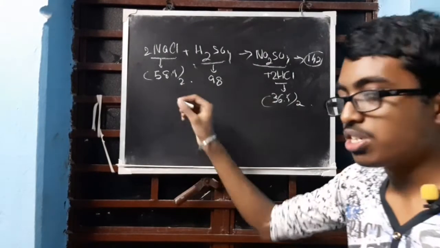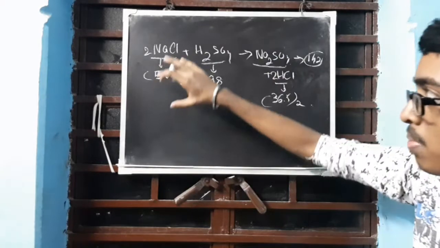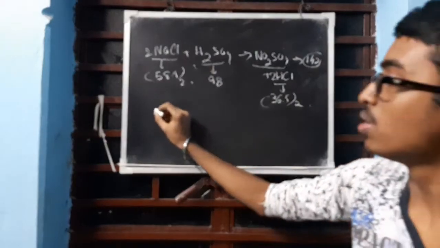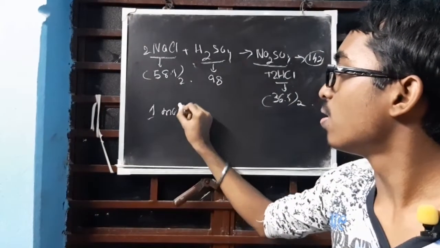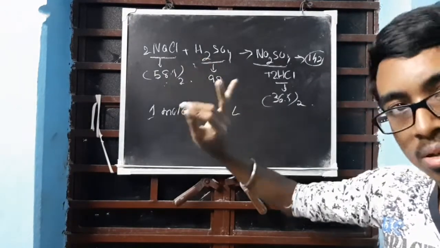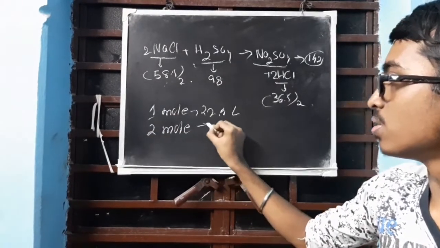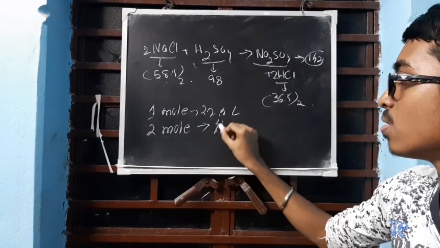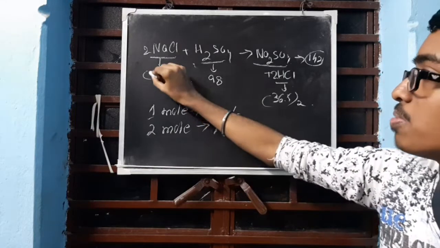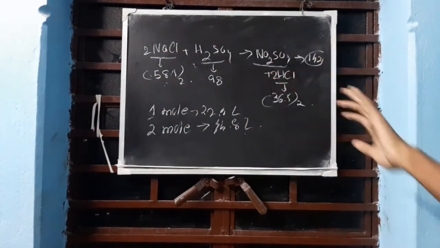Then once we know the mass, can we calculate the volume? Yes, we can. We know 1 mole occupies 22.4 liters, so 2 moles will occupy double this volume. So we can also get the volume from this value.